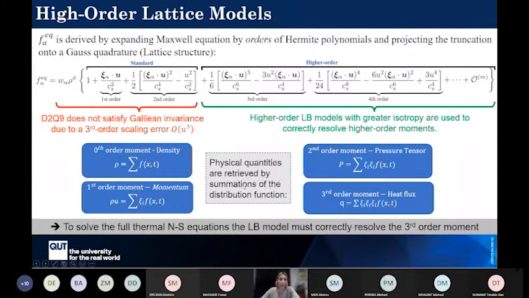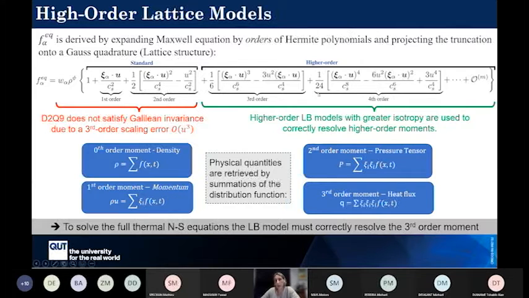So what does that mean? That means we will be able to get the macroscopic physical quantities by doing some summation of the distribution function. As I said, with a second order accurate lattice Boltzmann approach, we are only capable of retrieving the zeroth and first order moments, that is the density and momentum.